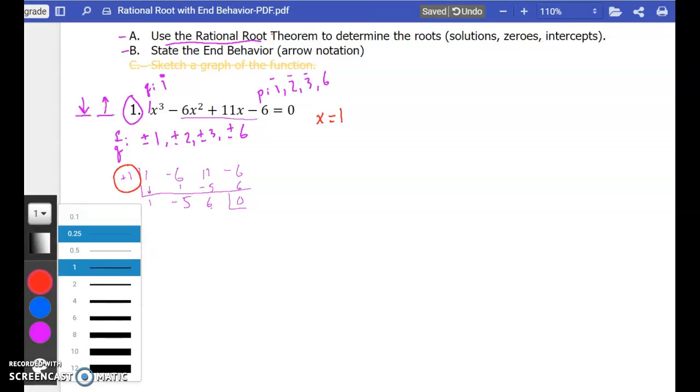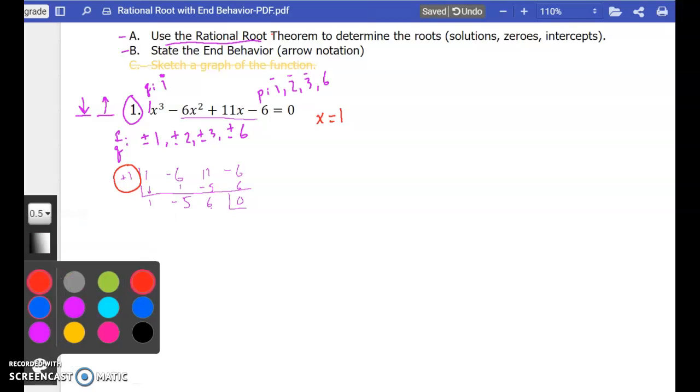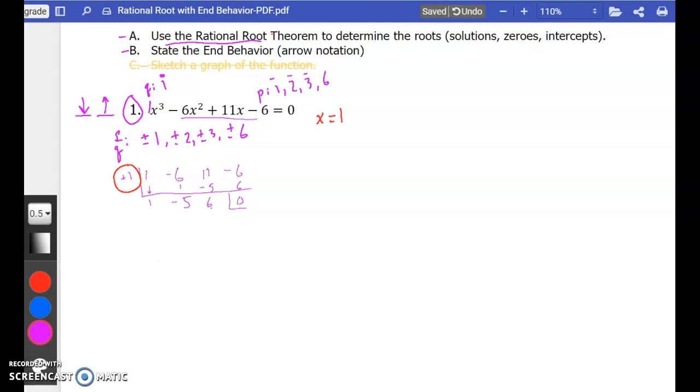So now let's change up just a little bit here. Let's change to blue. I'm going to use these values in my next synthetic division. So 1, negative 5, 6.